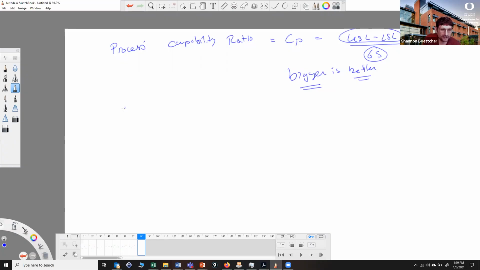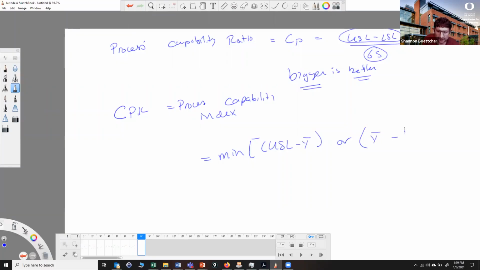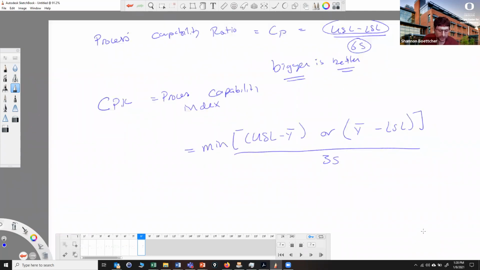Then there's this other thing called CPK, the process capability index. This is defined as the minimum, so the smaller of the two, of either the upper spec limit minus the average, or the average, or mean, minus the lower spec limit, divided by 3 sigma. This has to do with how centered your distribution is.